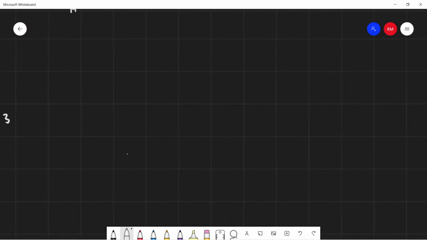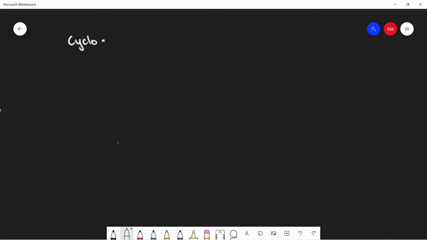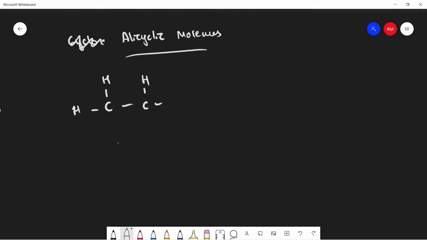Now another thing we need to look at here is drawing alicyclic molecules using structural formula. So, say for example we have cyclobutane here, and we want to draw this in structural formula.